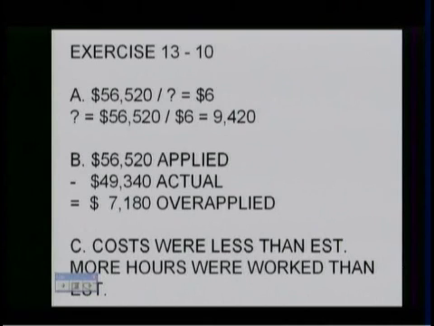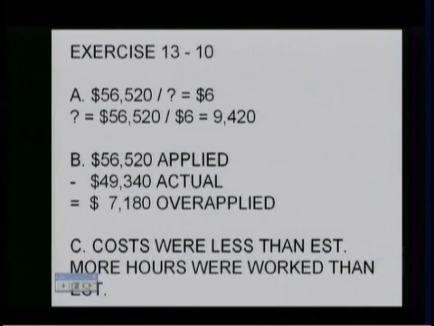Okay, in Part B, they say actual manufacturing overhead costs incurred in March total $49,340. Calculate the amount of over or under applied overhead. Well, they applied $56,520. That's given. The actual overhead is given at $49,340. So if you look at that, they applied too much overhead.